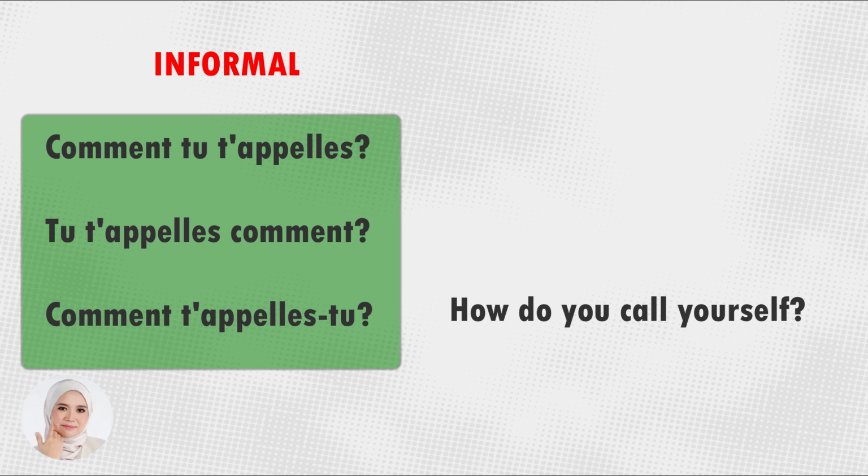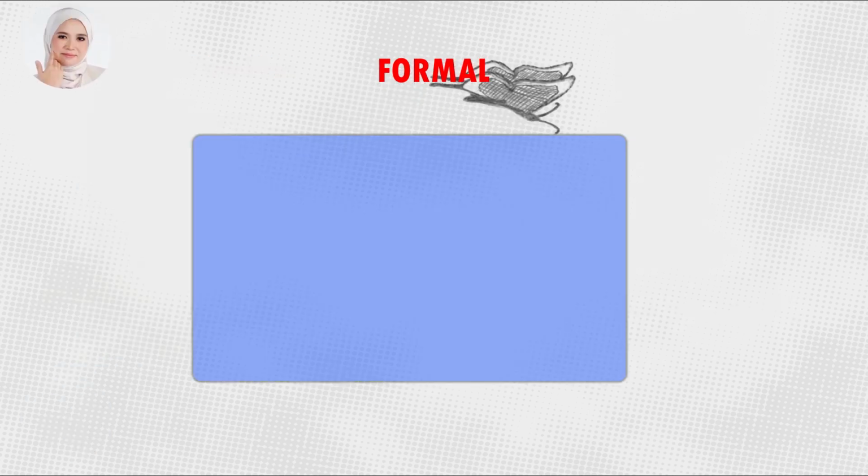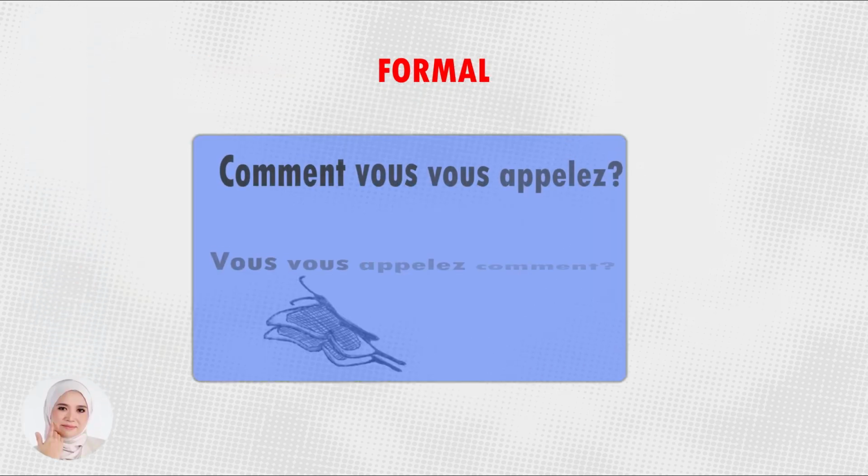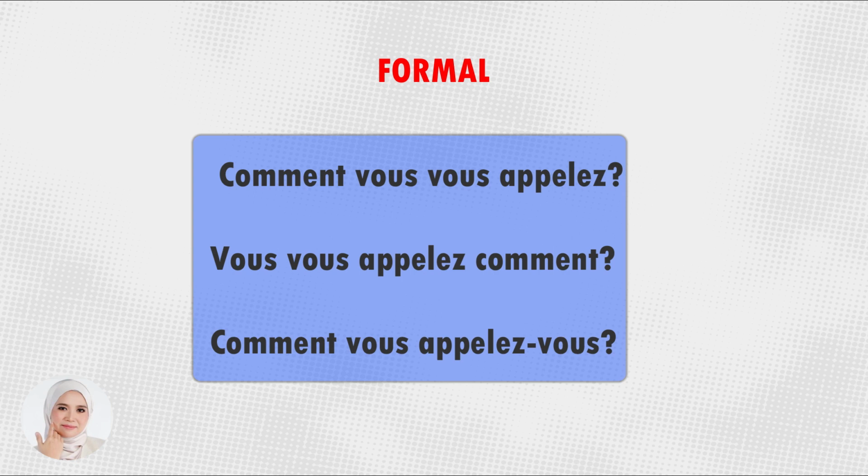Now, let's move to the next way of asking what is your name, for vous, for formal situations. Now you have here, comment vous vous appelez? Comment vous vous appelez? You have the sound za. Next you have, vous vous appelez comment?